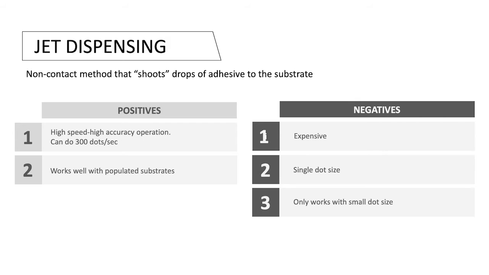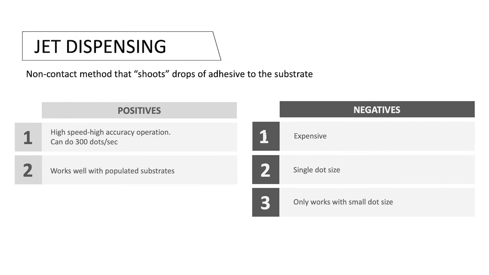Next, we have jet dispensing, where a stamping foot strikes a reservoir epoxy and propels small droplets of adhesive onto the substrate. This is a great process because it is both fast and very accurate.